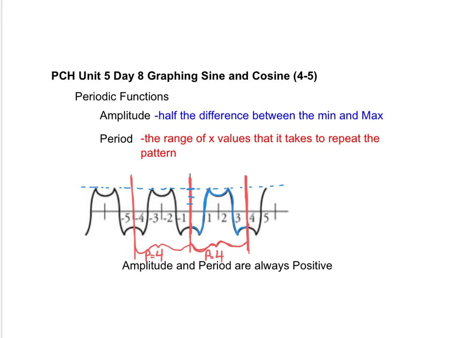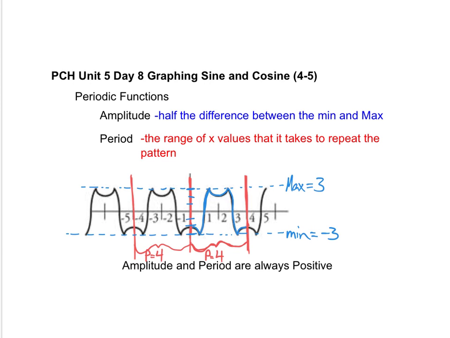Let's say that that goes up 3 units, okay? So our maximum is 3. If we look here at this down here, the minimum, if we count down 1, 2, 3, the minimum would equal -3.